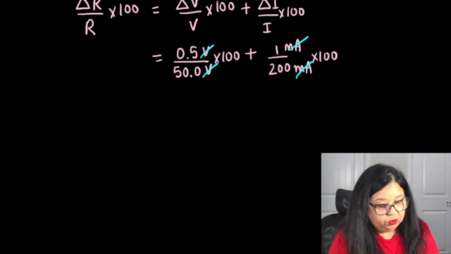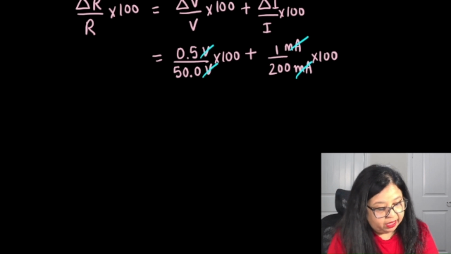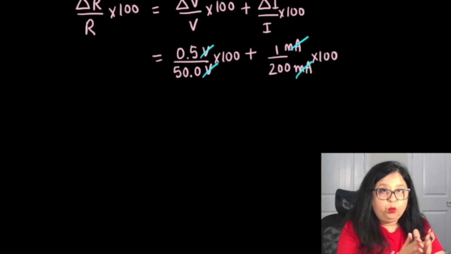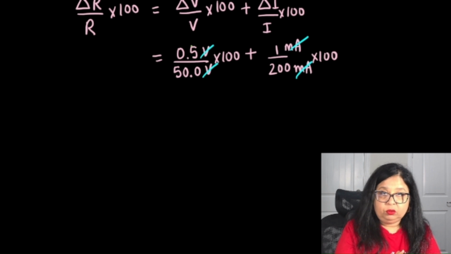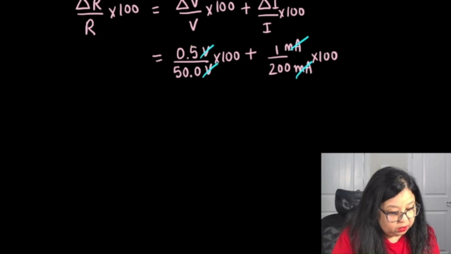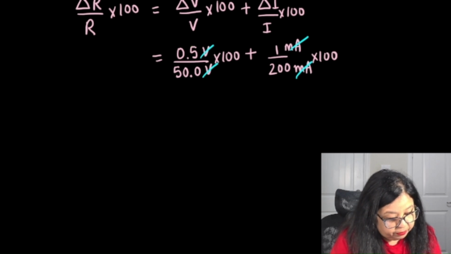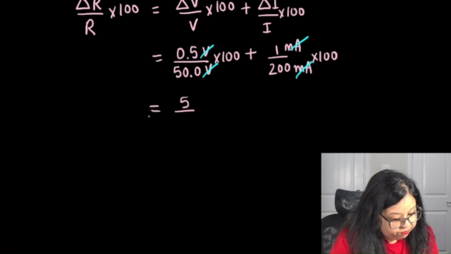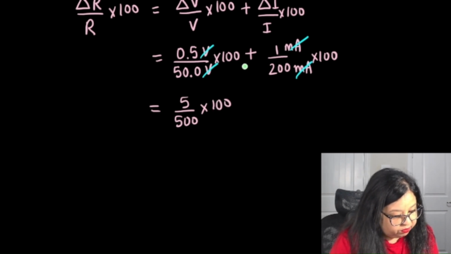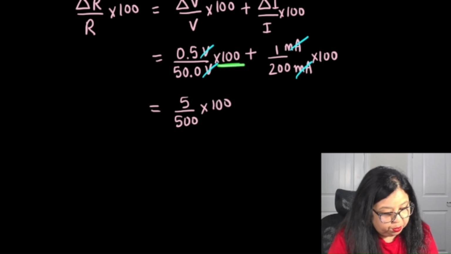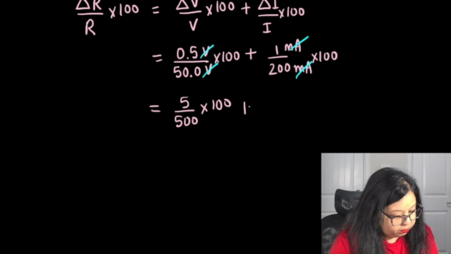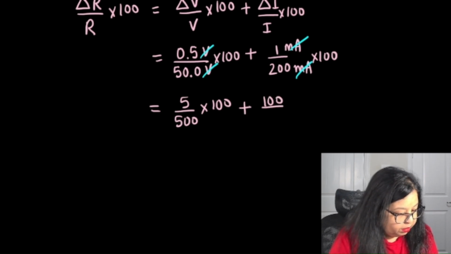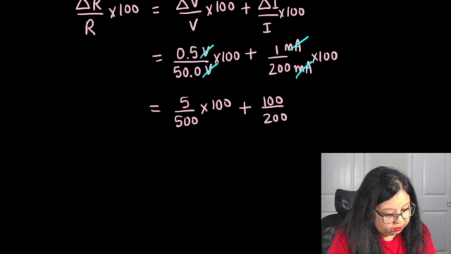Now I have shown it to you several times in the previous lecture that 0.5 divided by 50.0, you divide by what? 10 to get rid of the decimal. And when you do so, what do you get? You get 5 divided by 500 times 100, which is this 100 over here, plus 100 divided by 200.